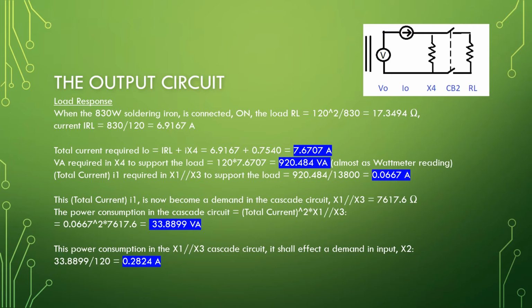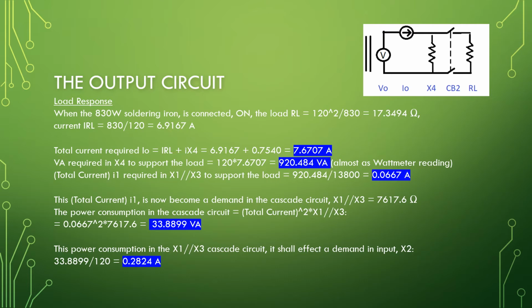Total current required IO equals IRL plus IX4 equals 6.9167 plus 0.7540 equals 7.6707 ampere.